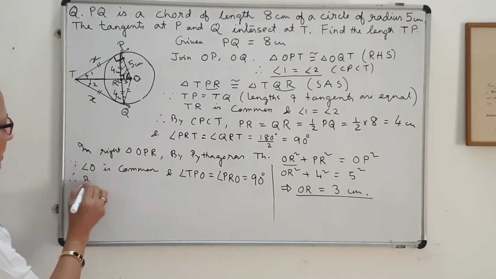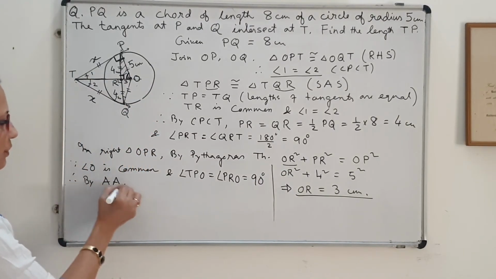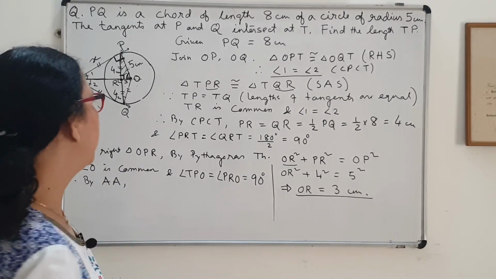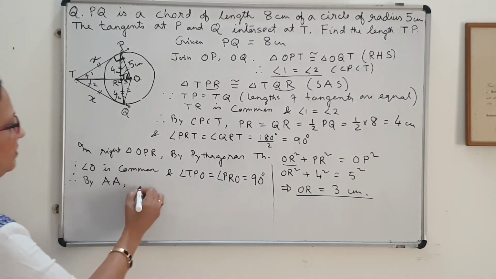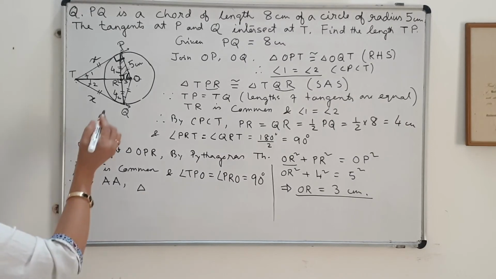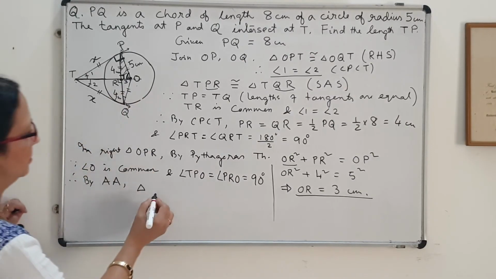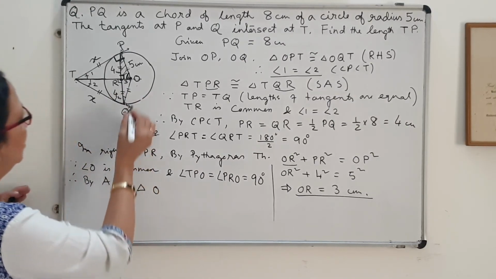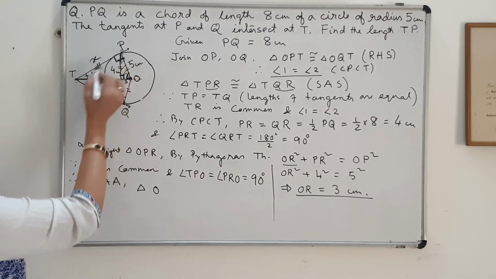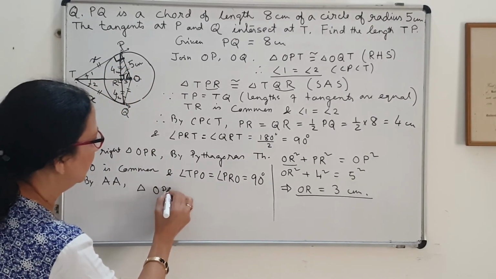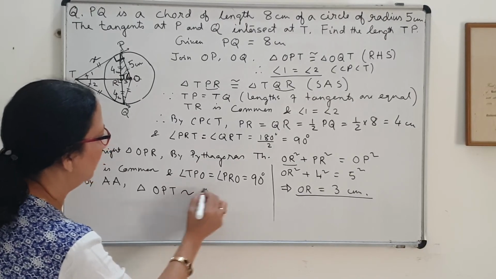Therefore, by the angle criteria of similarity of triangles, how will we take it? This is common, no? So I can take, say, the bigger one first, OPT. OPT will be similar to triangle O, because this O is common.